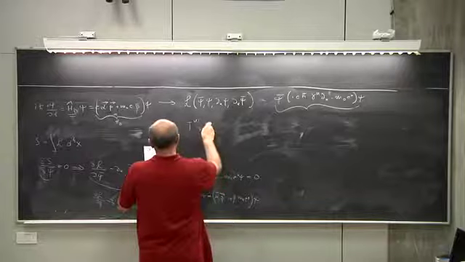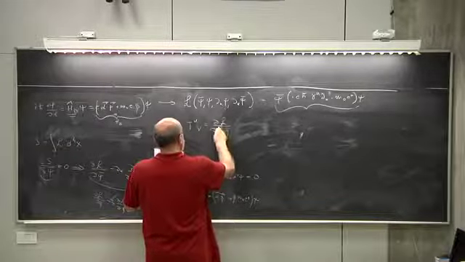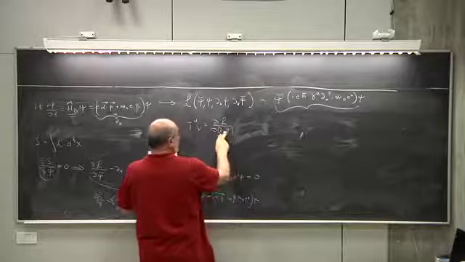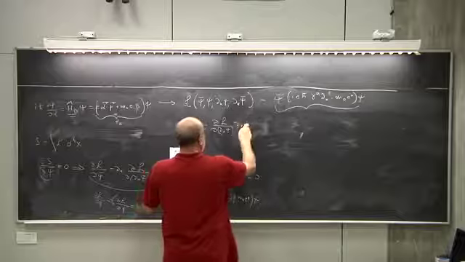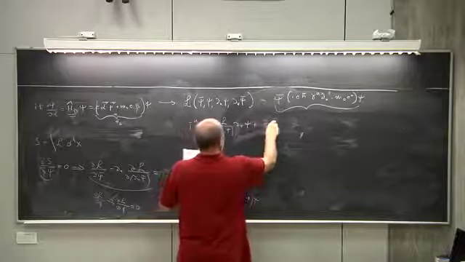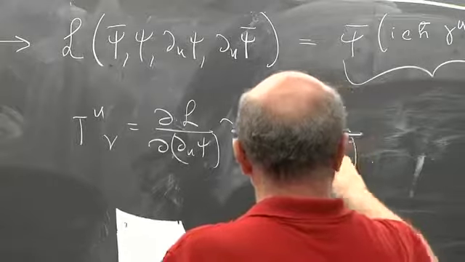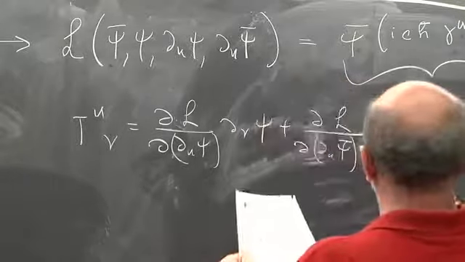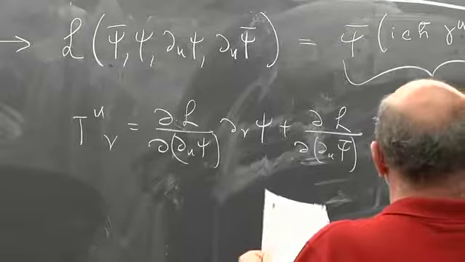It is the usual definition. For the energy momentum tensor, you take the degree of freedom you have, you take the derivative of the Lagrangian with respect to that, multiply by psi. Then we have another degree of freedom that is psi bar, and so we do the same, and then we subtract the Lagrangian.